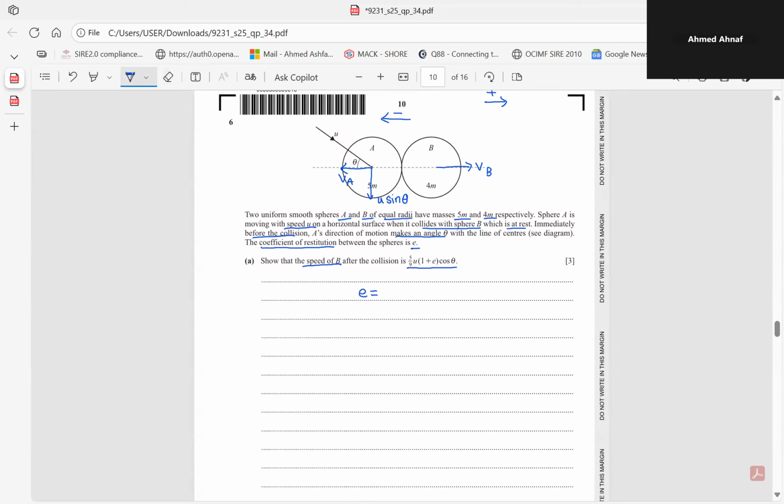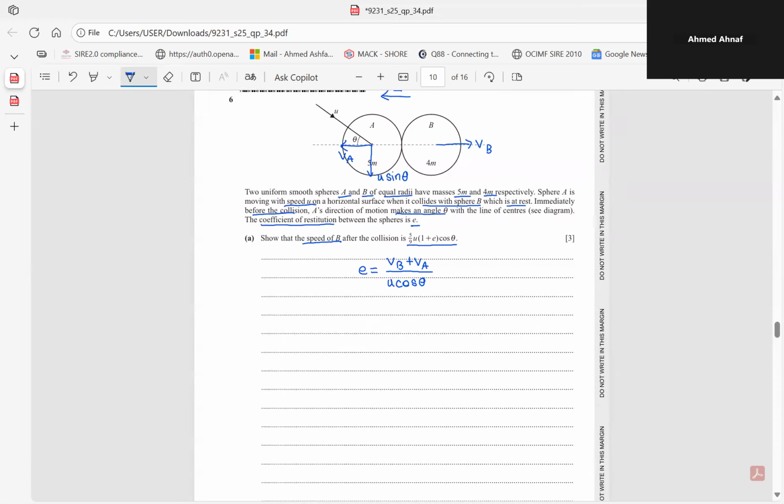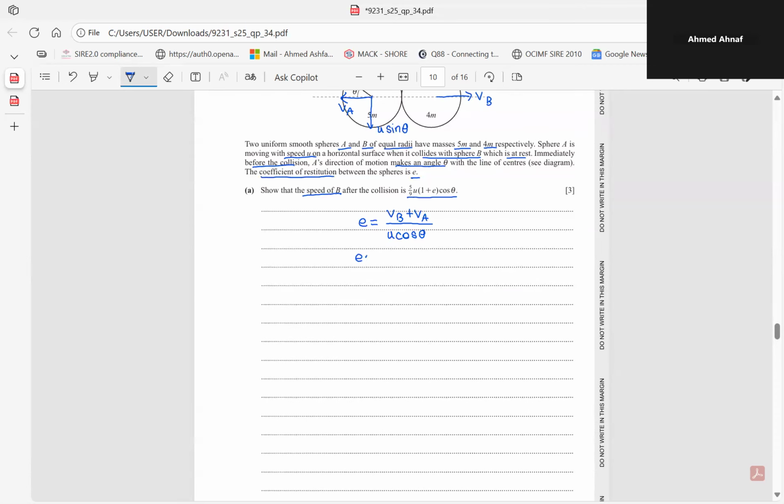So e, we're going to take VB minus VA, so plus VA, over the initial speed of A, so that is u cos theta minus 0, because u cos theta is in the positive direction. Okay, so we get eu cosine theta equals VB plus VA. So this is equation 1.